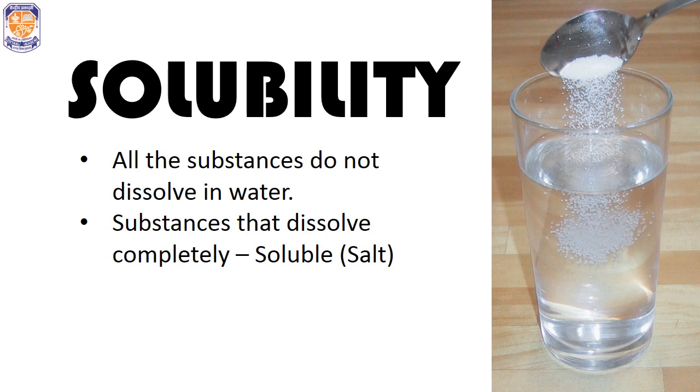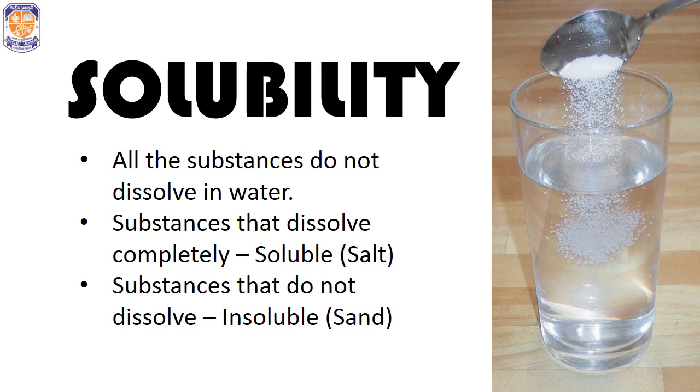Substances that dissolve completely are known as soluble substances, for example salt and sugar, and the substances that do not dissolve are called insoluble substances, for example sand, pepper powder, chalk powder, sawdust, etc.